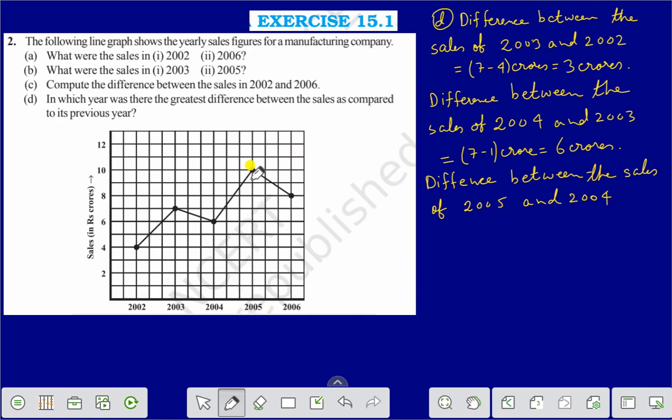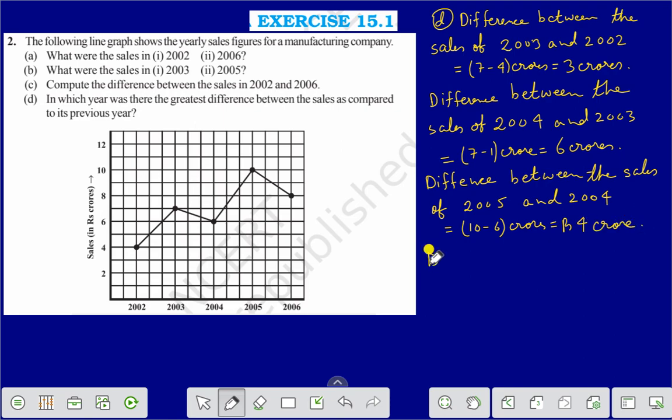In 2005, the sale was 10 crore, and in 2004, the sale was 6 crore. That is 10 minus 6 crore, that is equal to rupees 4 crore.